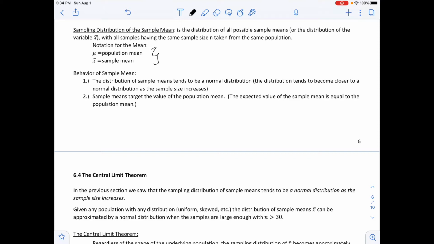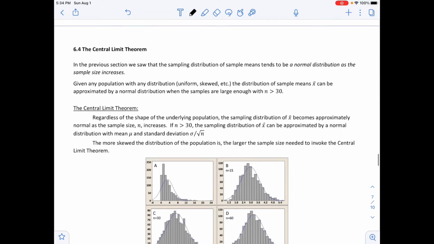Mu is the population mean and x bar is the sample mean. Behavior of the sample mean. The distribution of the sample mean tends to be normally distributed. It tends to become closer to a normal distribution as the sample size increases. And the sample mean targets the value of the population mean. The expected value of the sample mean is equal to the population mean.